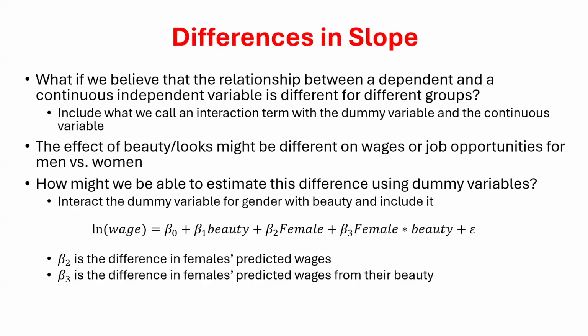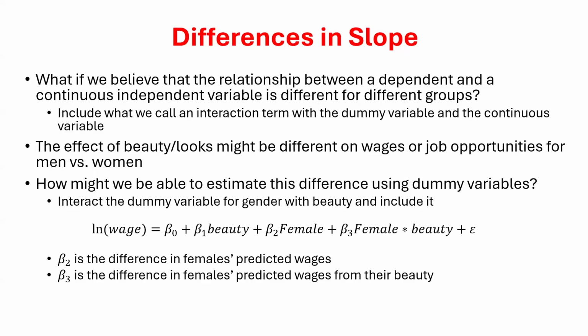Now, if I think about the effect of this beauty variable for females, maybe it looks something like this. Why? If beta 3 is positive, what is the marginal effect of a 1 unit increase in X, or that beauty variable, for a female? Well, this is going up by 1 unit, so it would be beta 1.